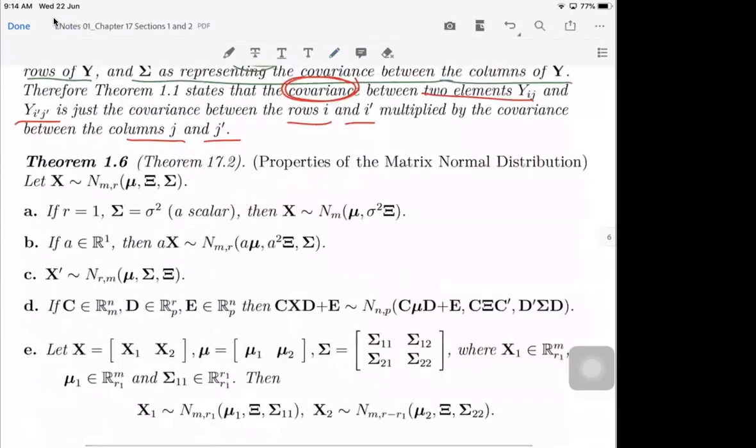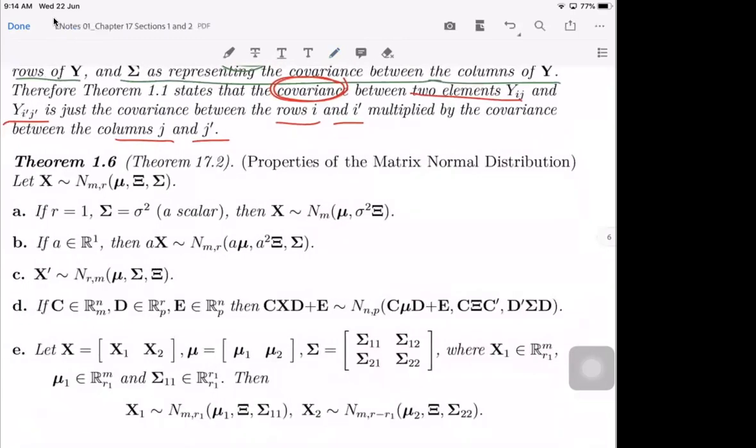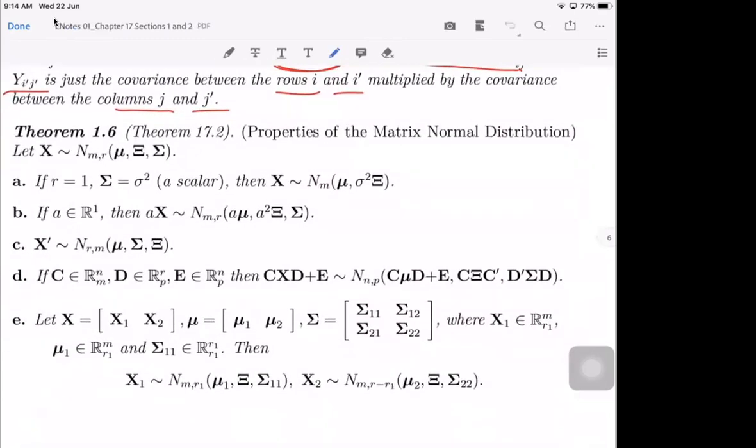These are some properties of the matrix normal distribution. So if we have X to be normally distributed with parameters mu, psi, and sigma, and if in particular this R here is equal to 1, so you will have an M by 1, it will just be a vector.